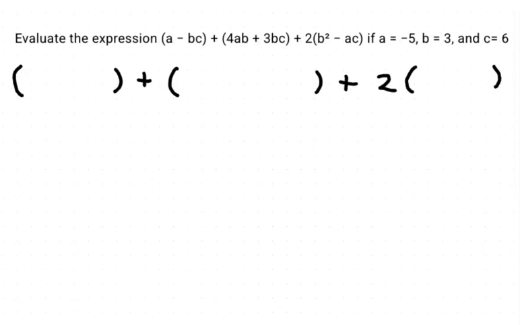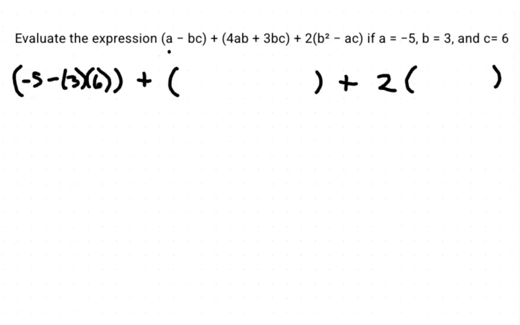All right, I want to put the first one in. It's an A minus B times C. A is -5 minus B is 3 times C is 6.